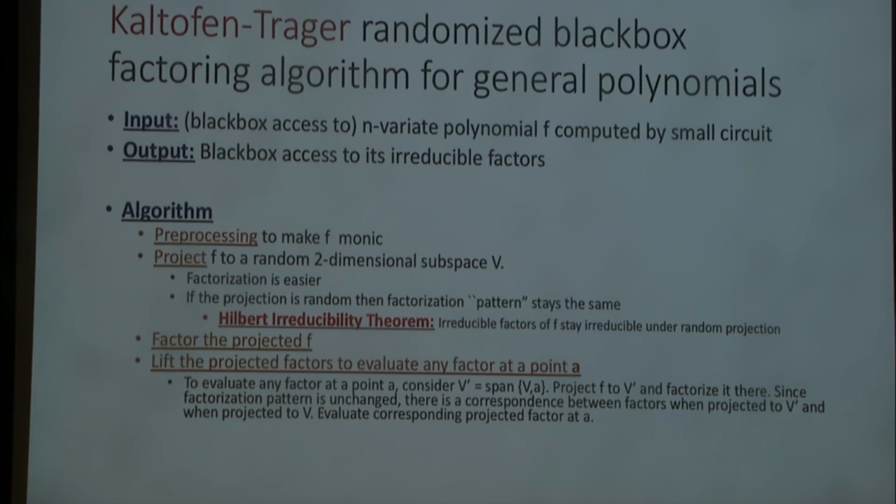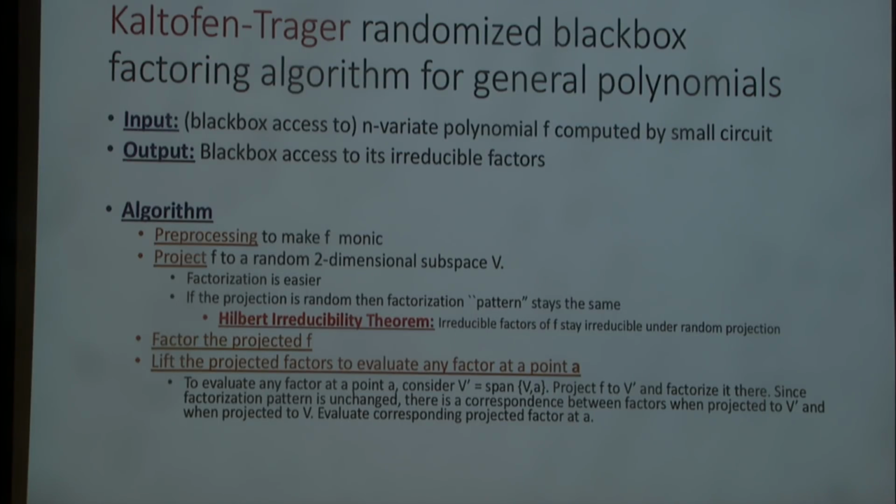So this two-dimensional space was V. V sits inside V prime, which is the span of V and some point alpha at which you want to evaluate f and any factor of f.